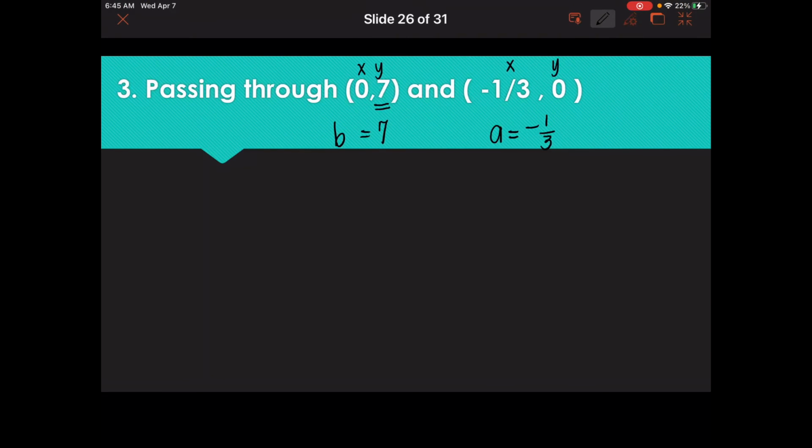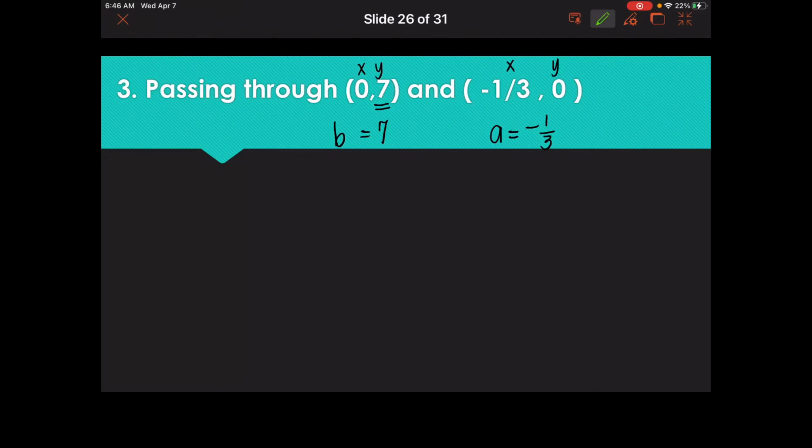Okay, and then again, we will just use our formula. So our formula is x over A plus y over B is equal to 1. So that is x over negative 1/3 plus y over B, which is 7, is equal to 1. Okay, so in this case, we have to fix the first term.